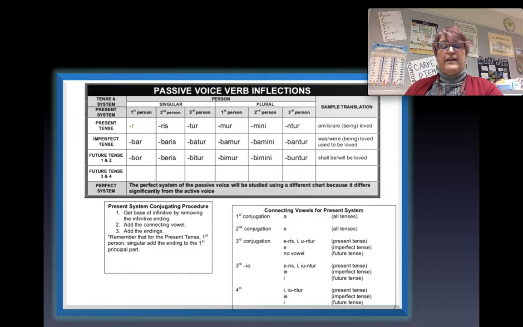A base found from the infinitive, a connecting vowel, pay attention to the connecting vowels on the connecting vowel chart, and then the appropriate ending to indicate the future tense and the conjugation of the verb, as well as the appropriate subject ending.